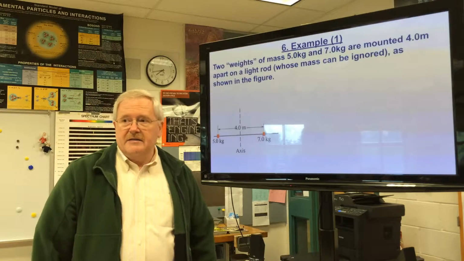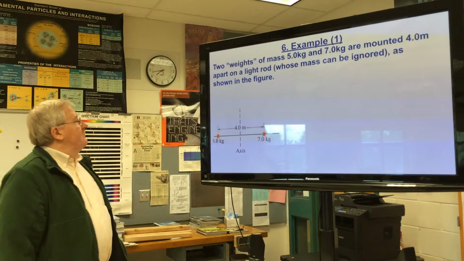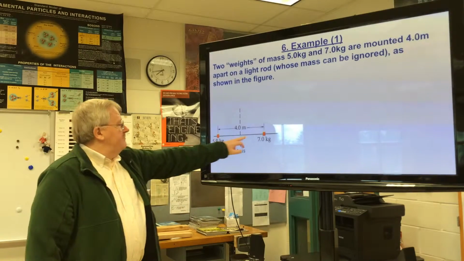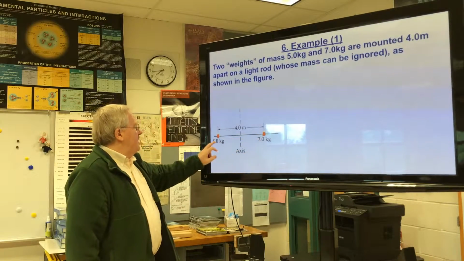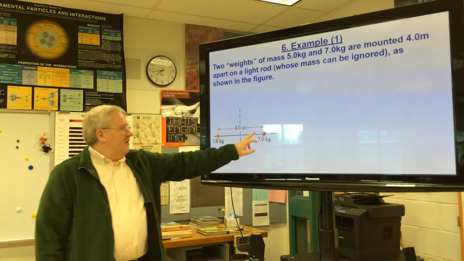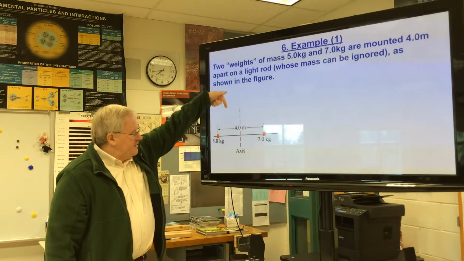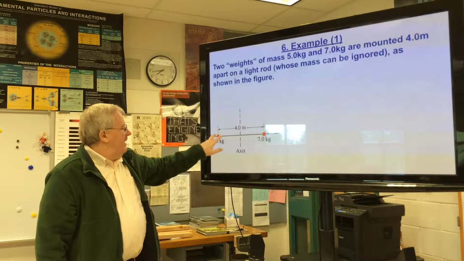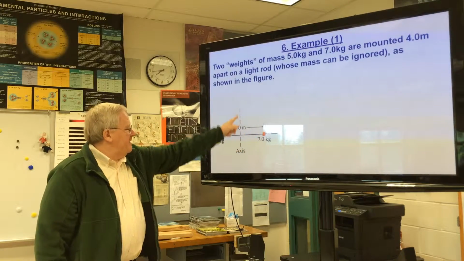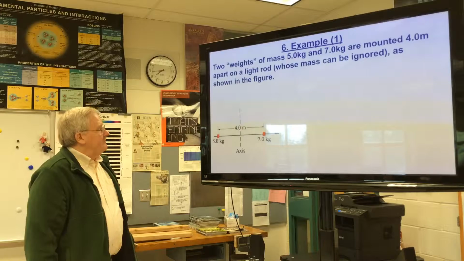So let's look at an example. We have two weights, here and here. One has a mass of 5 kilos, the other has a mass of 7 kilos. And there's a rotational axis coming down here. They're separated by 4 meters, and this axis is halfway in between.